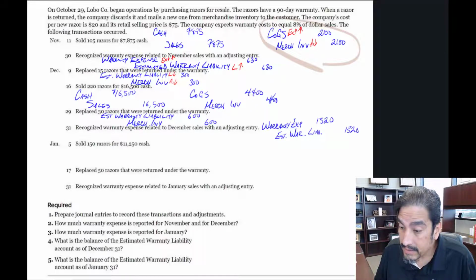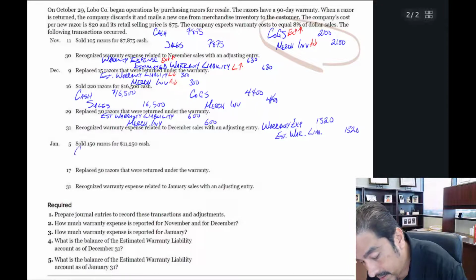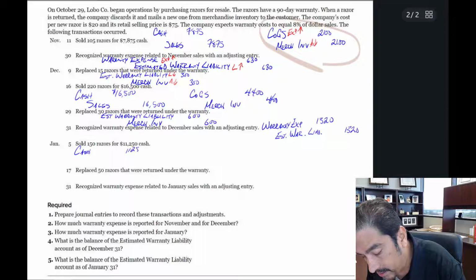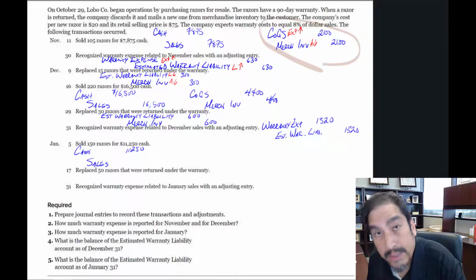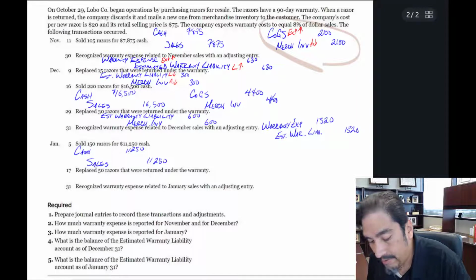And next, on January 5th, sold some more razors. Again, this is a debit to cash. We sold it for cash. 150 times $75 each should be $11,250. And then we record our razor sales to the revenue account called sales. Increase that with a credit for the same $11,250.